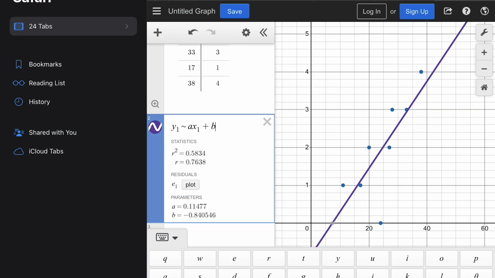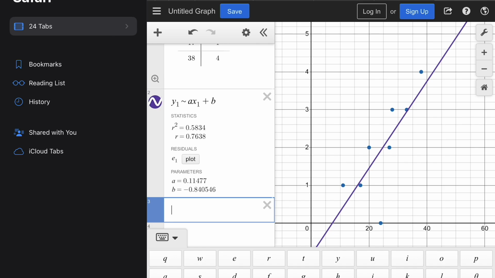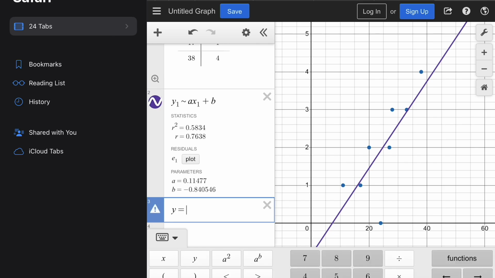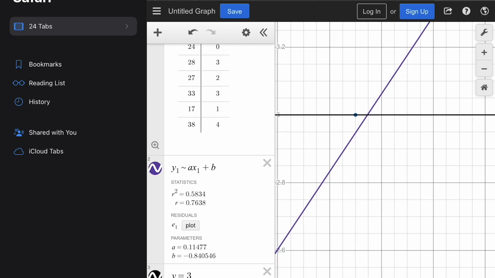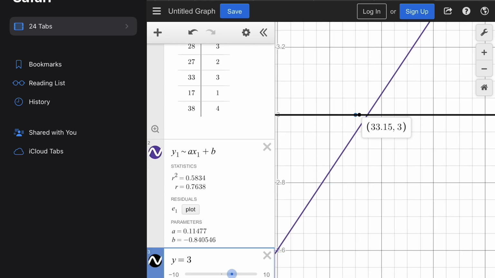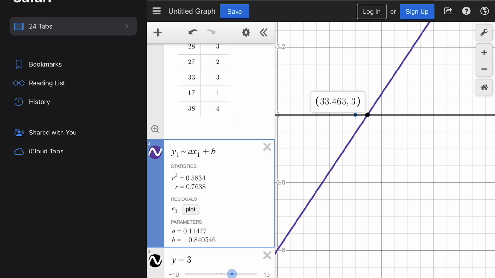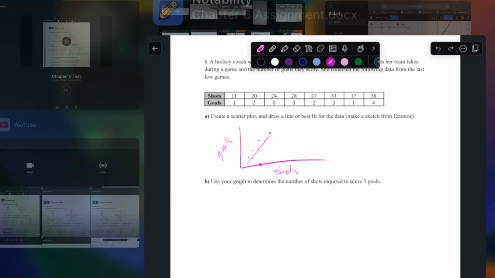So goals is our y-axis. So we let y equal 3. Y equals 3. 33 point... Why isn't it showing the actual? Oh, there we go. 33.463.